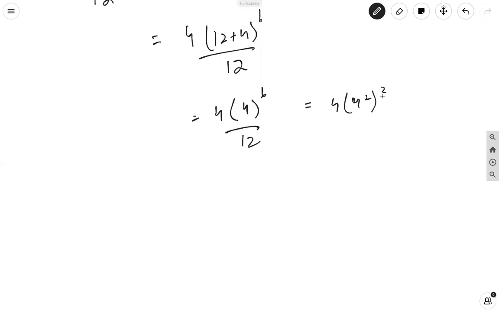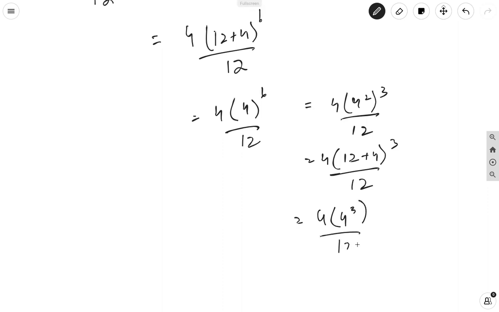So 4, 2 into 3 over 12. This is 4 into 12 plus 4, 3 by 12. And this will be 4 into 4 power 3 by 12. This is 4 power 4 by 12, right? Which is 4 square power square over 12.